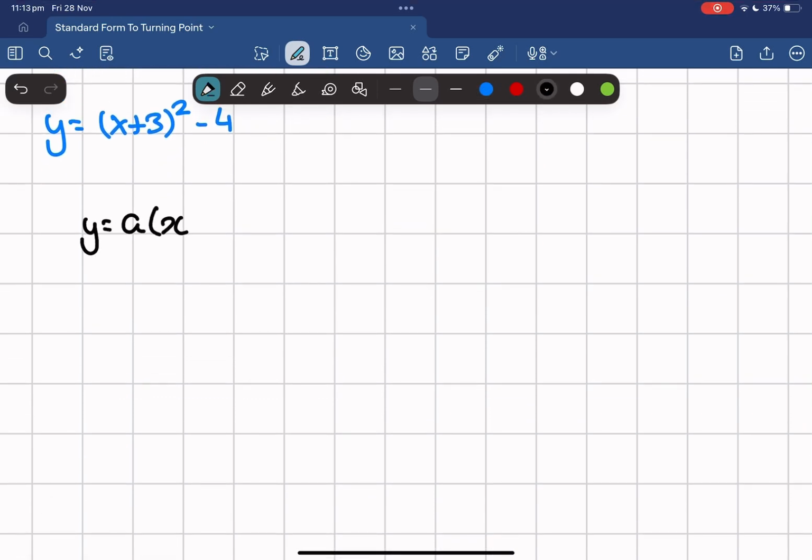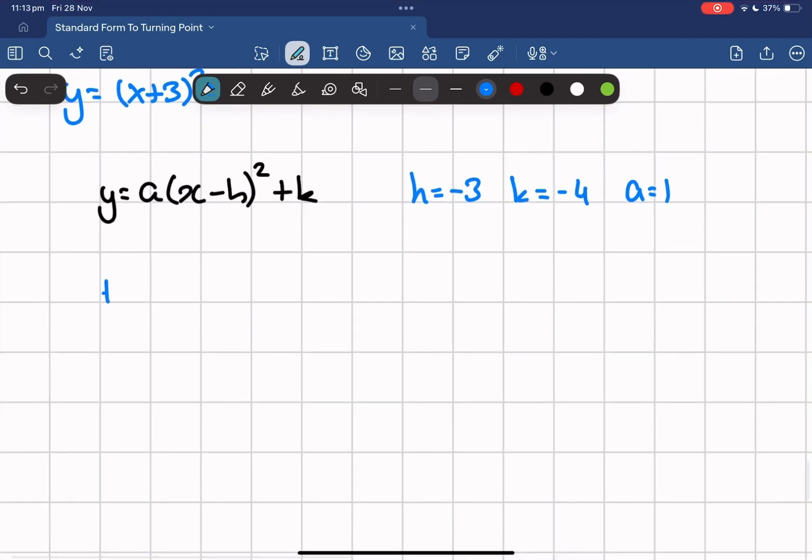It's in the form a(x minus h) all squared plus k, where h is equal to minus 3 here, k equals minus 4, and a is equal to 1. So our turning point for this graph, or the equation, is (-3, -4).